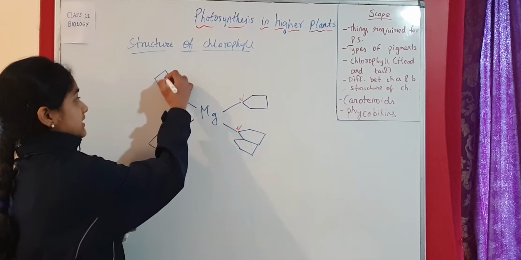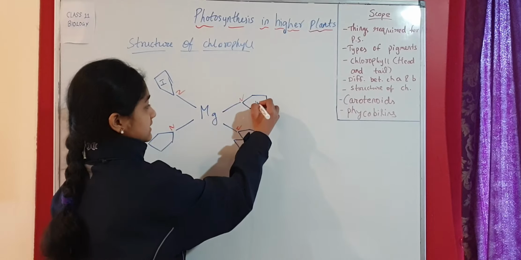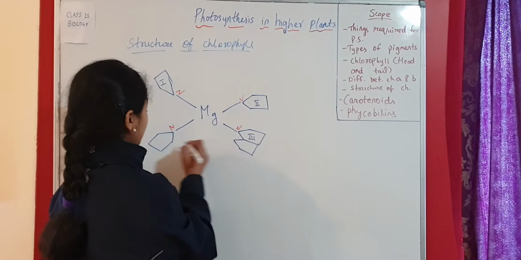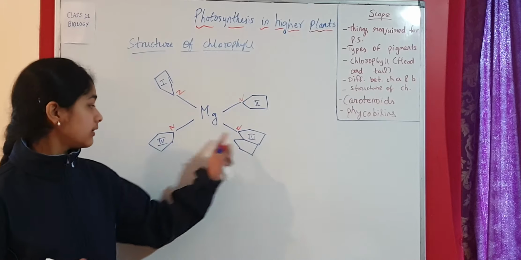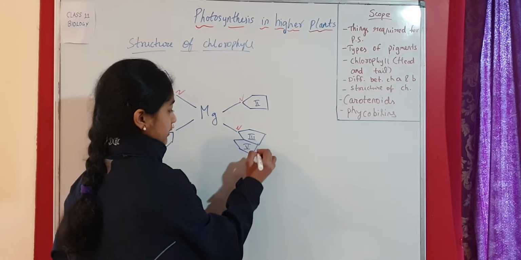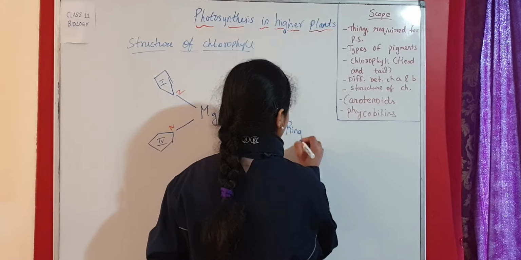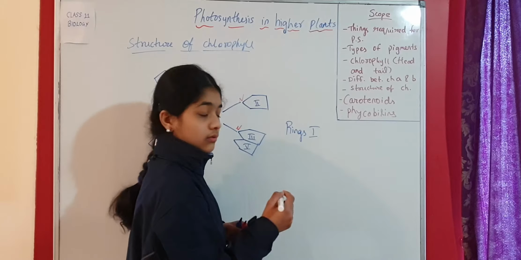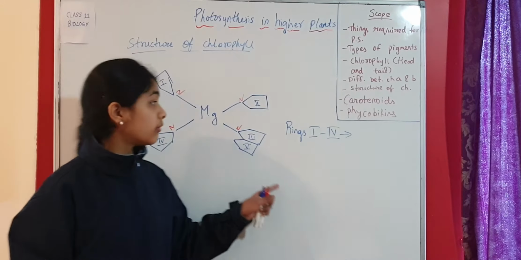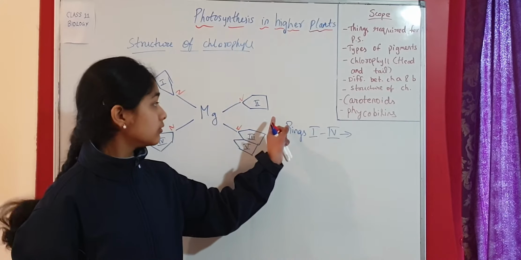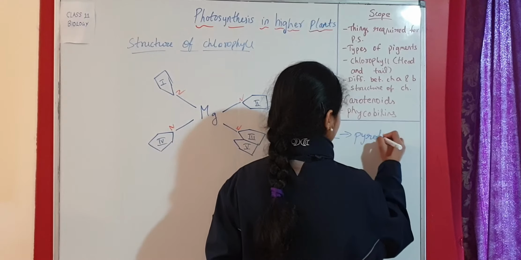Now, this is called the first ring, and this is the second ring, third and fourth. So, first one, second one, third one, fourth one, and this is called the fifth one. The order is very important. Now, the rings 1 to 4, ring number 1, 2, 3 and 4, are called pyrrole rings.